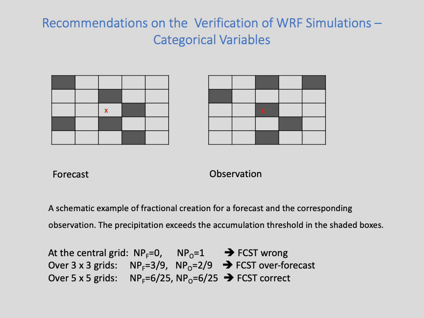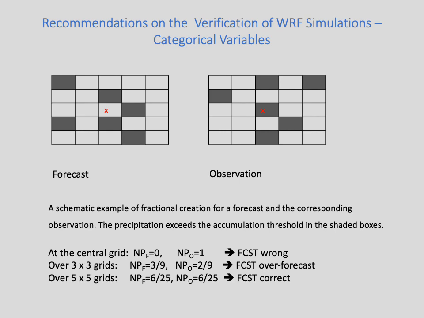This figure shows a schematic example of fraction creation. If we look at one specific grid, for example, the grid denoted by the red cross, there is no precipitation in the forecast, but there is precipitation in the observation. We would say the forecast is wrong. If we look at the situation over the surrounding 9 grids, the forecast shows precipitation in 3 grids, but only 2 grids have precipitation based on observations.